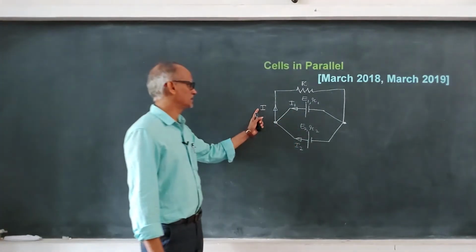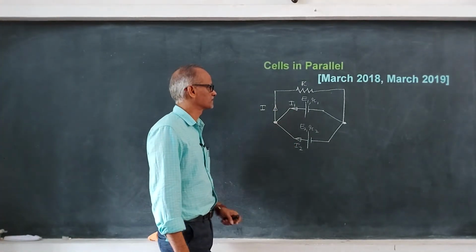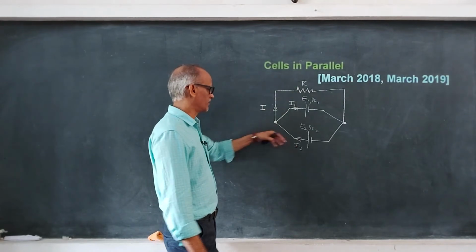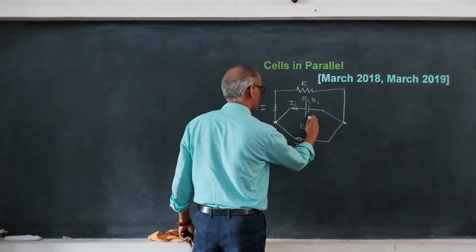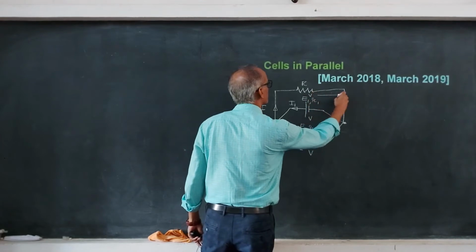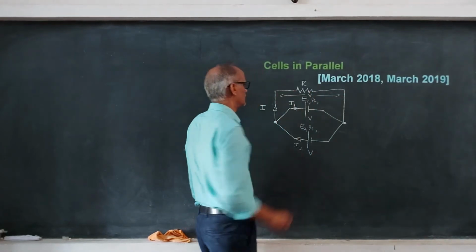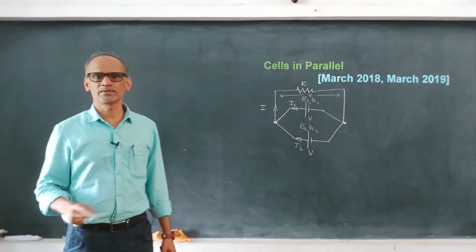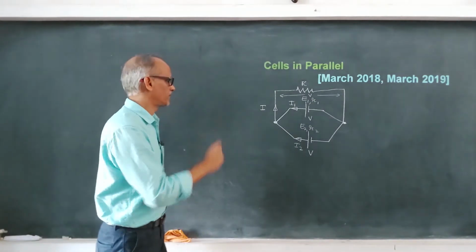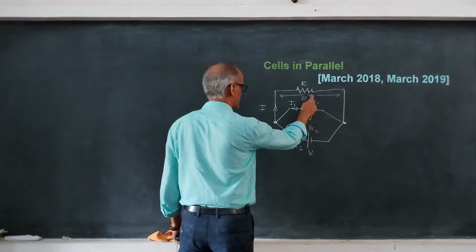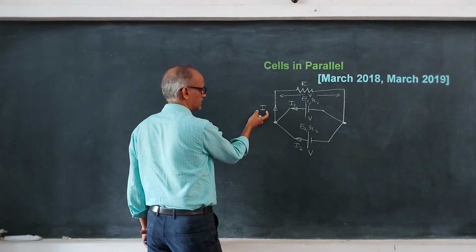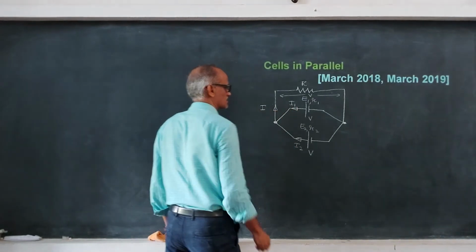So I is equal to I1 plus I2, and in parallel combination the potential difference is the same. In series combination the current throughout the circuit is the same, whereas in parallel combination the potential difference is the same and the current I is equal to the sum of the two currents.